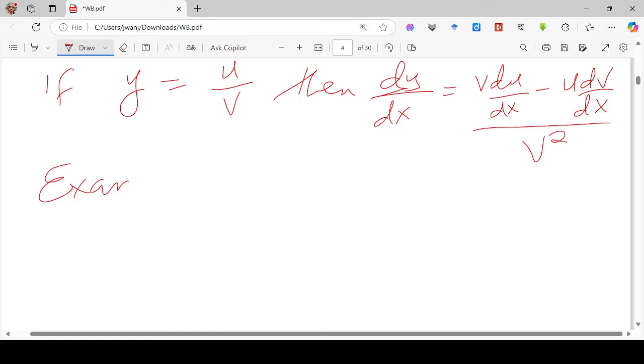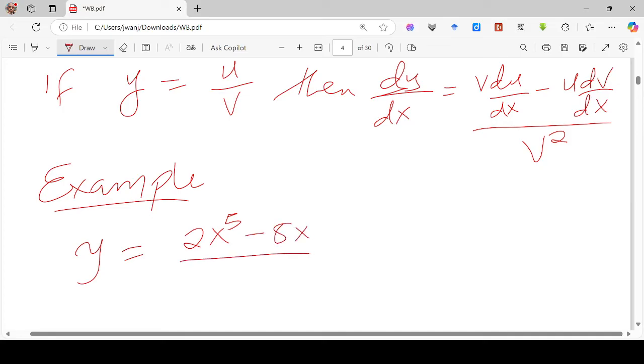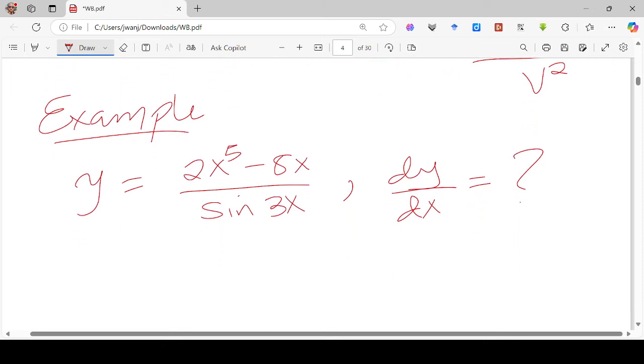Maybe you are given a function y, say as 2x raised to power 5 minus 8x divided by sine of 3x, and the problem is to find dy dx. So what is dy dx in this case?